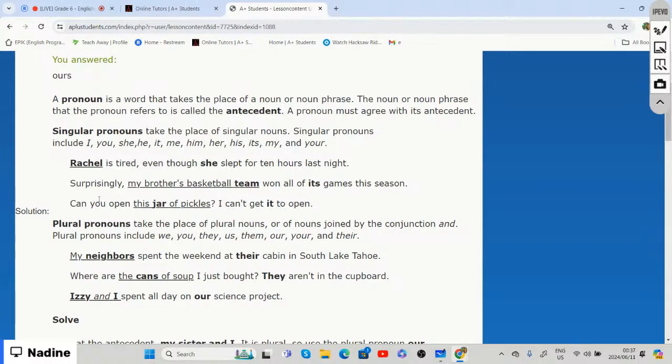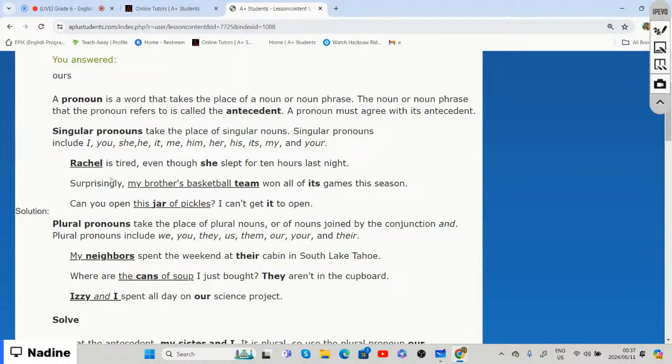Singular pronouns take singular nouns, and these include words like I, you, she, he, it, me, him, her, his, its, my, and your. Then we have plural pronouns, which take the place of plural nouns, or nouns that are joined by the conjunction and.